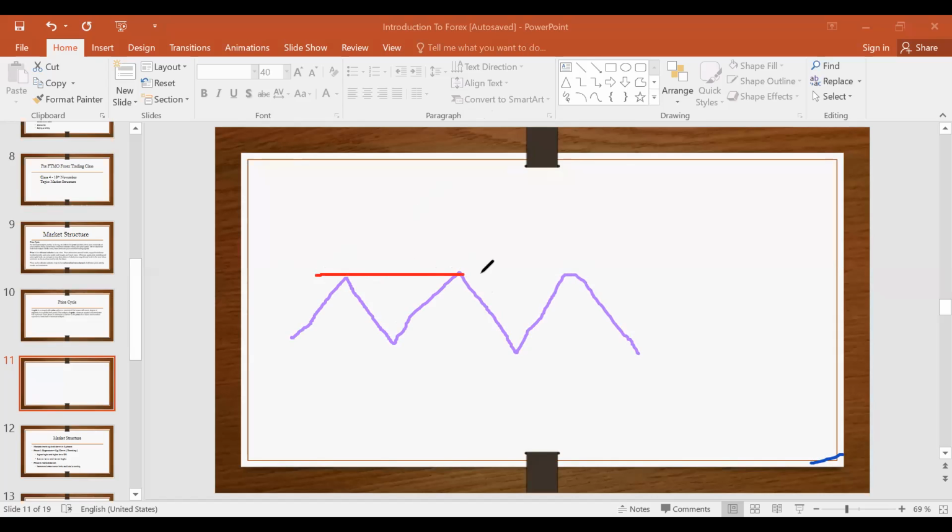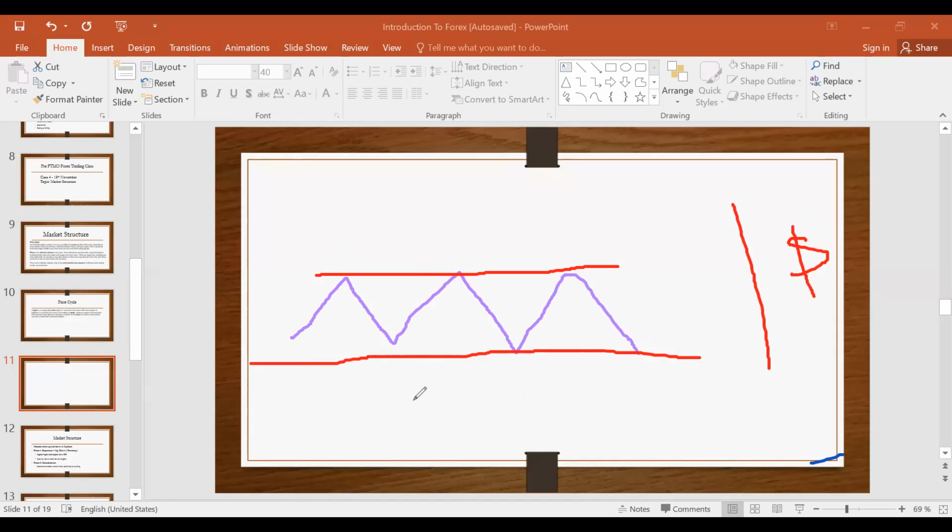Because it seems to be moving up and down between certain price levels. Remember, this side is price and this side is time. As time goes on, the market doesn't seem to be able to break certain levels, and we say that the market is consolidating. So the word is consolidation, consolidating.